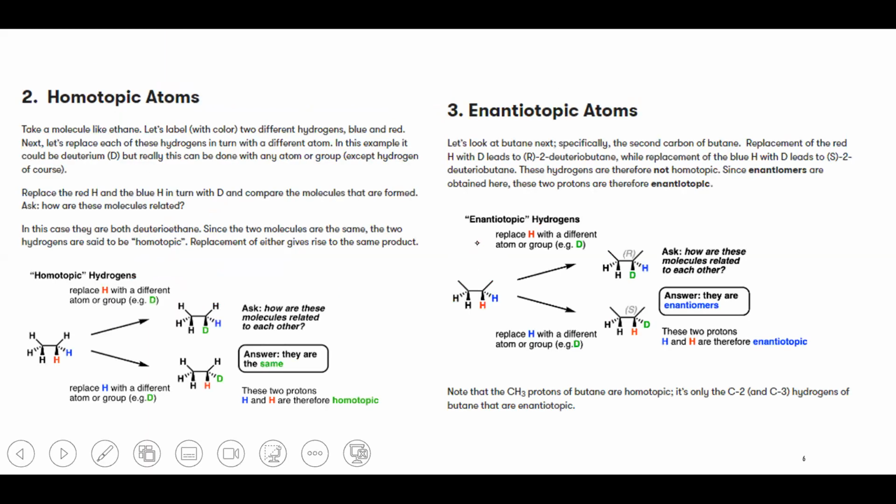Here I have pasted the slide. I will share it with you, so you can also have a look at it: what is homotopic, what is enantiotopic. These are mainly important in the field of spectroscopy.